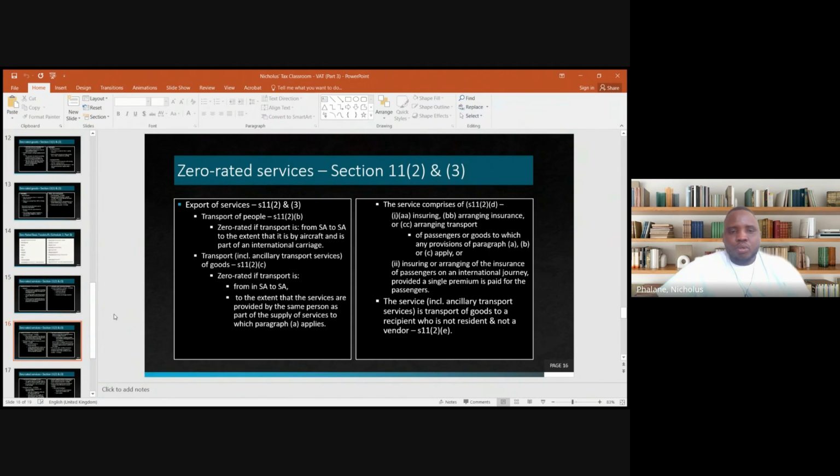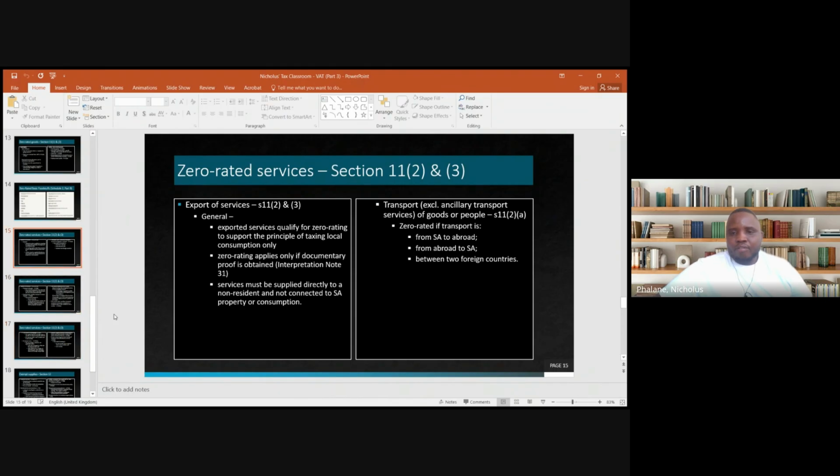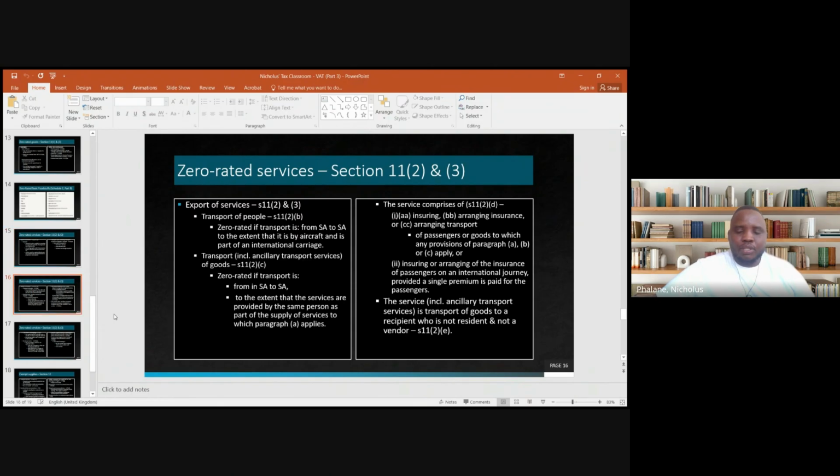If I have goods that need to be transported from Polokwane to OR Tambo then to USA, then this leg from Polokwane to OR Tambo of the goods that I'm traveling with would also be zero rated, because this is part of me traveling from SA to abroad. If I wasn't going to travel from SA to abroad, then these goods were never going to be transported from Polokwane to OR Tambo. Right. I hope it makes sense.